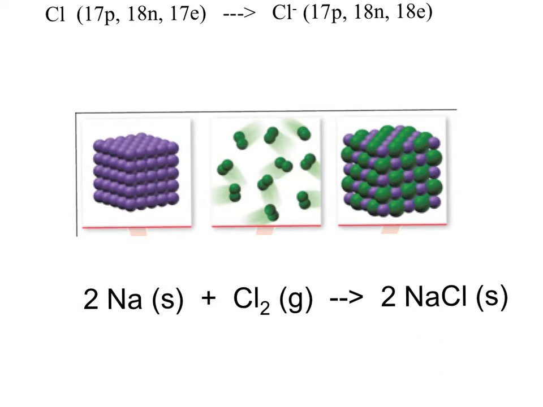So you end up with positive sodium and negative chloride, and you have the ionic compound. But the picture that you see here is the ions that are arranged in a particular format, a particular form.